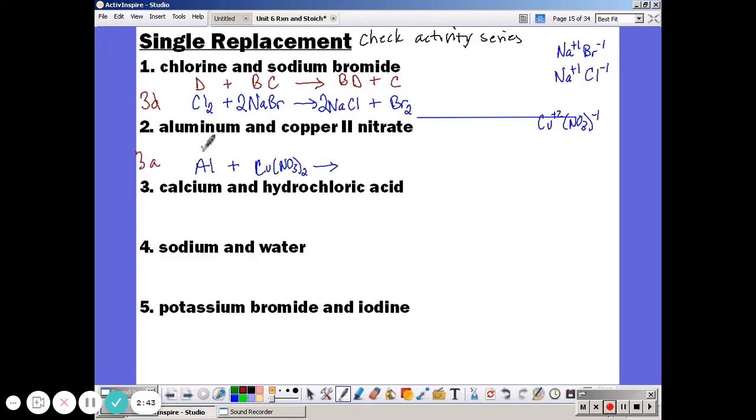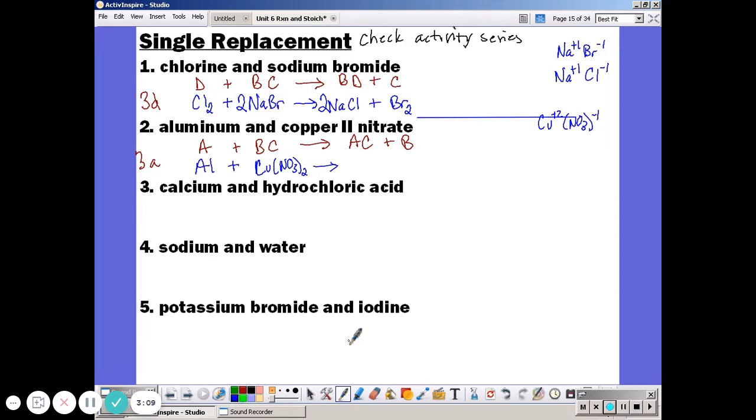The element would be A, the compound BC, and so we would get AC plus B. So aluminum is trying to replace copper. So we look at our list of activity series of metals, and we see if aluminum is above copper. It is, so the reaction takes place.